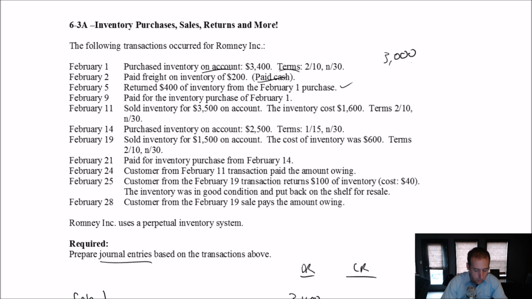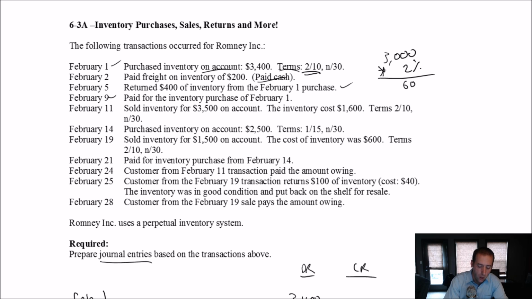Now, if I pay them, should I pay them the full amount? Well, the answer is no. Look, if they gave me a 2% discount, I don't need to pay the full amount because I'm paying within 10 days. February 9th is less than 10 days from February 1st. I'm paying within the discount period. So how big is my discount? Well, $3,000 times 2% means I'm going to save $60 on this deal.